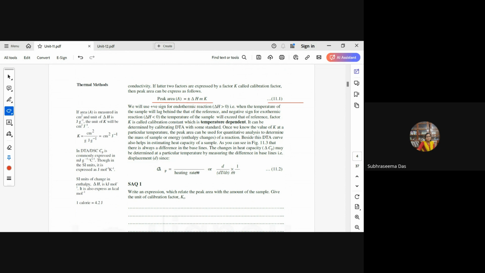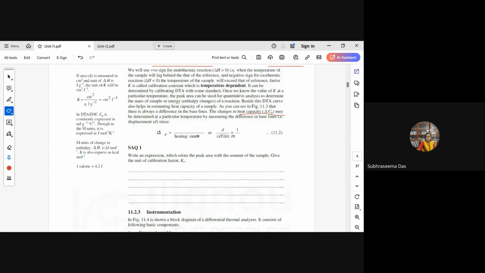Now from this peak area and using the value of delta H in equation 11.1, we can calculate the change in heat capacity, that is delta Cp. It can be calculated as delta Cp is equal to the heating rate times d delta T by dt, into 1 by m, which is given in equation 11.2.